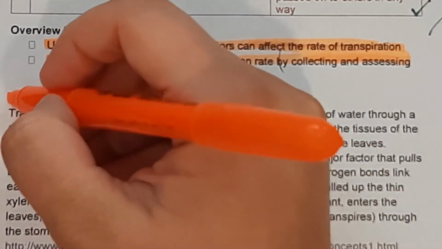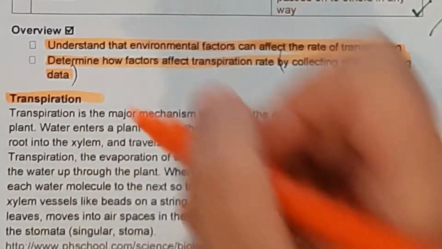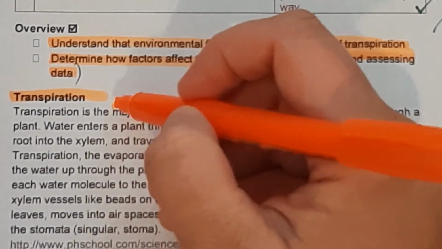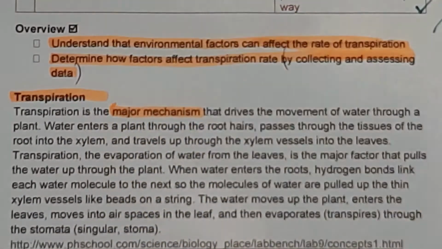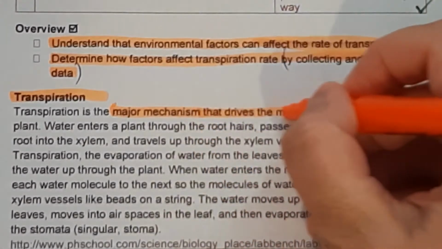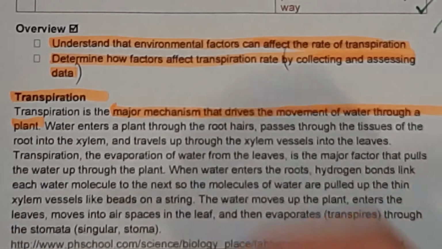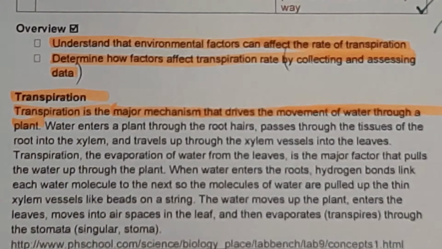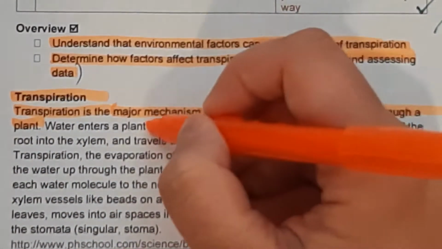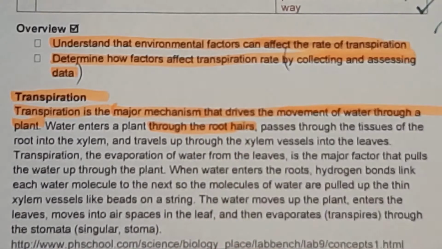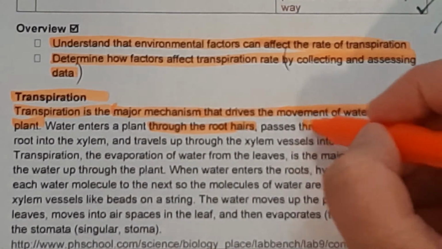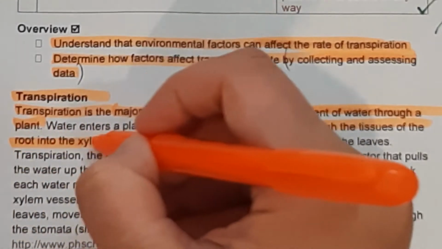Transpiration. Transpiration is the major mechanism that drives the movement of water through a plant. So transpiration is the reason water moves through a plant. Water enters a plant through the root hairs, and it passes through the tissues of the root into the xylem.